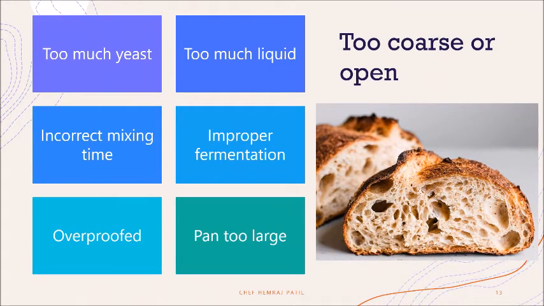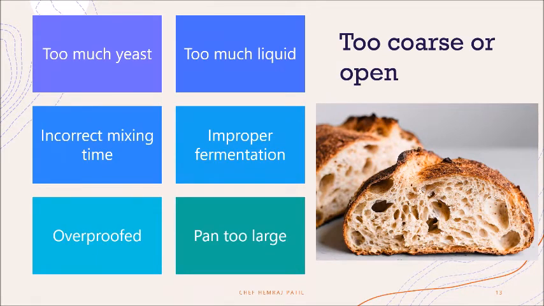So opposite to the closed grain is a too coarse or open grain. In the picture you can see some bread has very big holes. In some types of breads this is not desirable. The causes are, first, too much yeast is used.